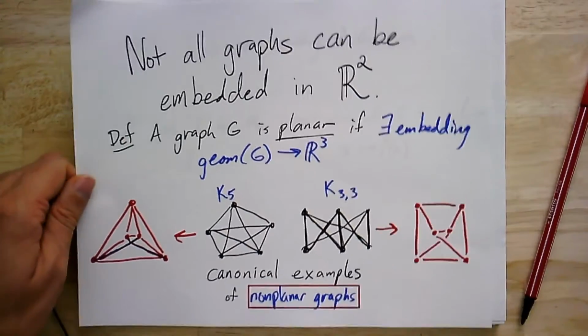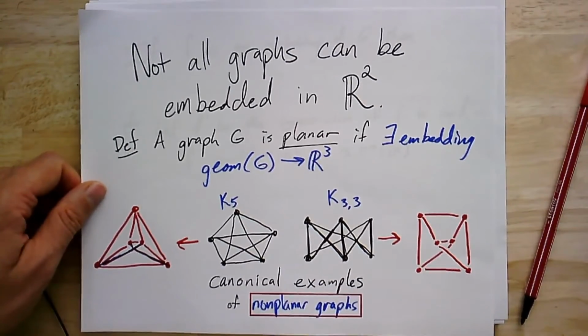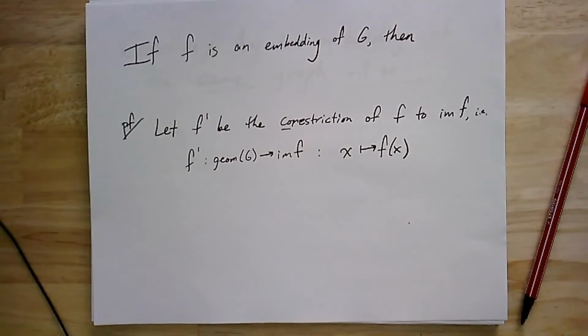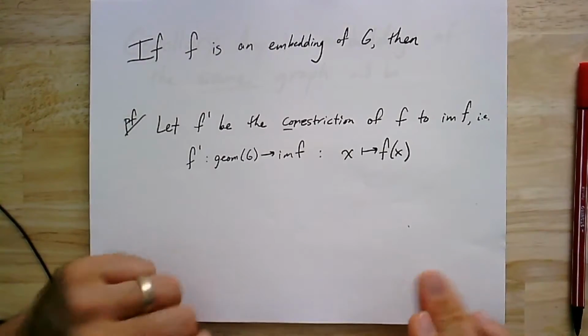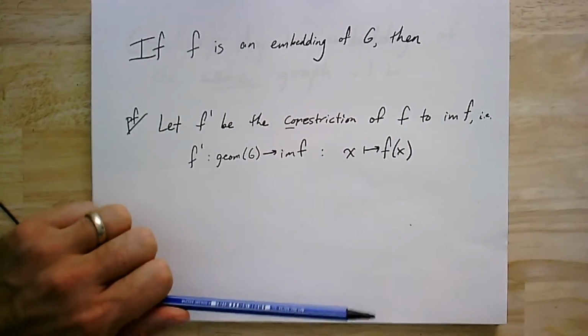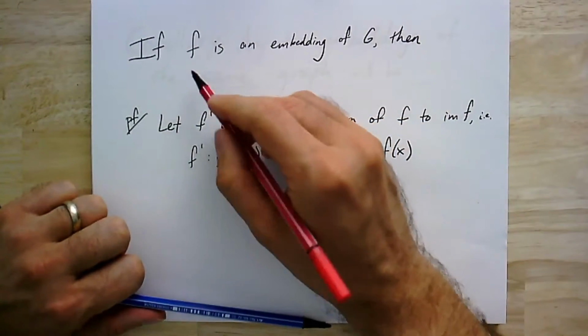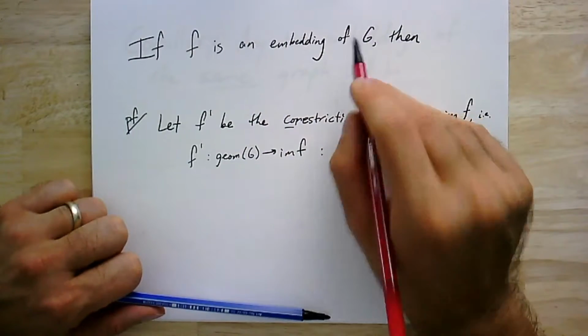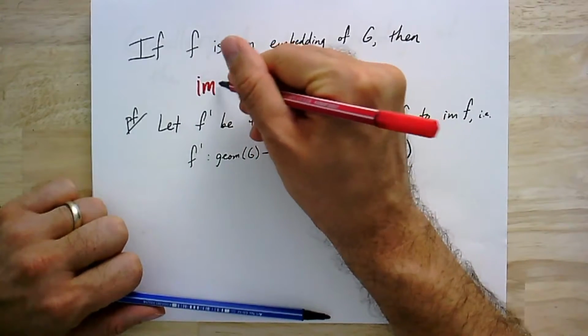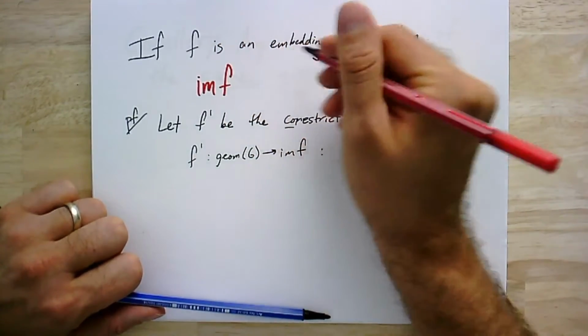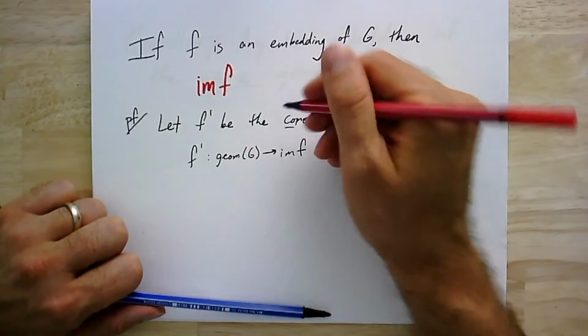And we've seen a bunch of examples. In fact, a lot of the graphs we've already drawn are planar, so that we can draw them in the plane without crossings. All right, but here's an interesting fact about embeddings that we want to highlight. If you do have an embedding of the graph, an injective continuous map from its geometric realization, then the image of that map is going to be a subset of that Euclidean space.